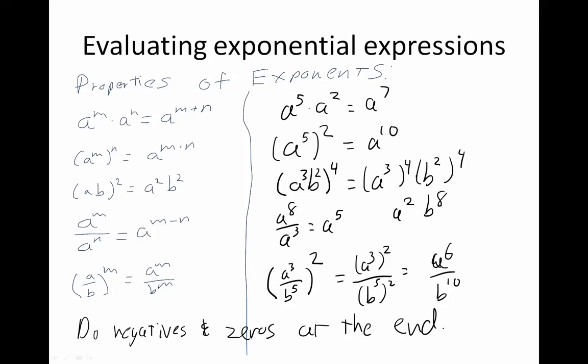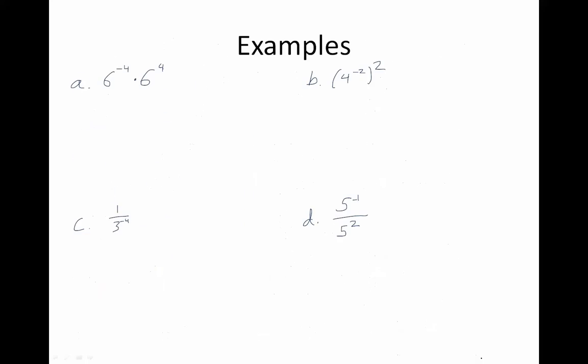And I'm going to write a little disclaimer on here that that's in general. There are a few specific instances where it is better to do the negative or 0 at the beginning. But in general, do your operations and do that part at the end. So, okay, let's do these examples together.